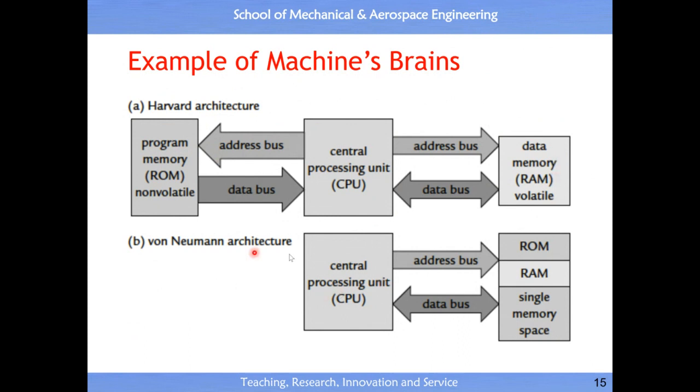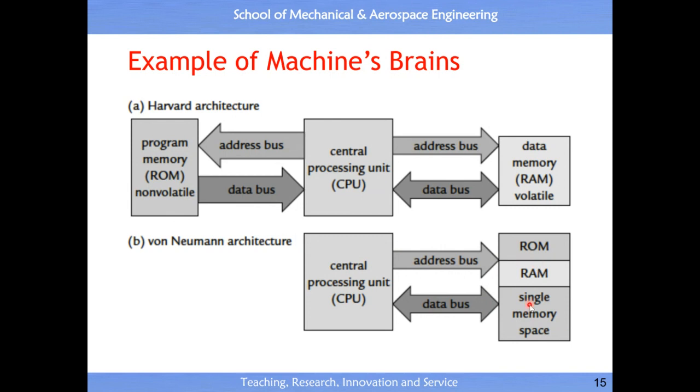That's it. Then the old architecture, we call it the von Neumann architecture, is a mix up. That means you can store the data anywhere here, and you can store your program anywhere here. But this one is no good because it's very slow. You only have one address bus and one data bus, so at one time you can only retrieve one set of values, either data or program.